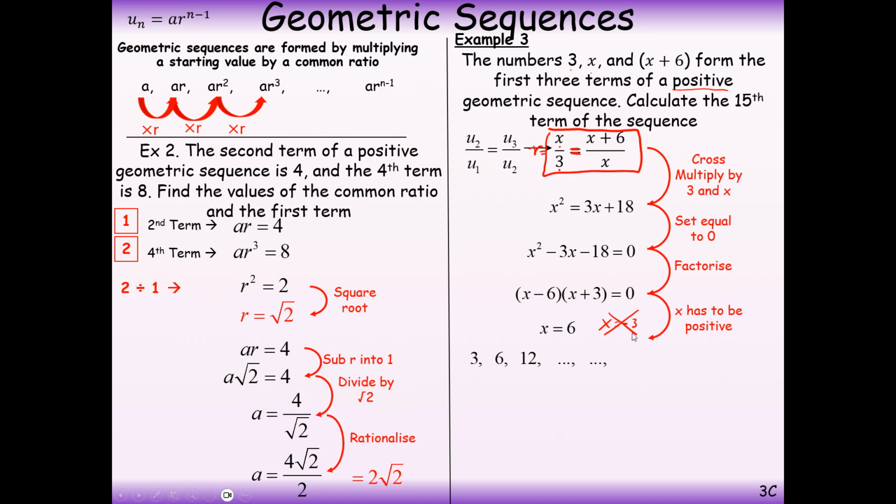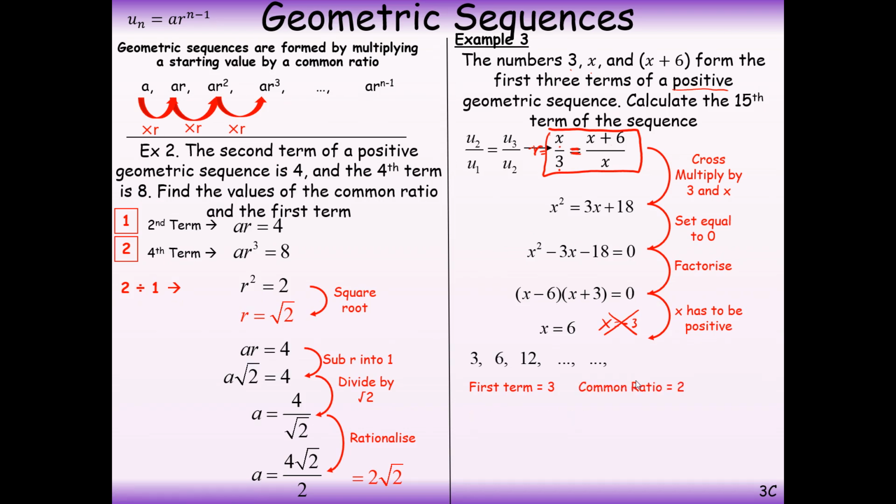Then we substitute the value of 6 into our sequence. So we have 3, 6, and 12, and so on. What's the common ratio now? The ratio will be 12 divided by 6 or 6 divided by 3. r will be 2 in our case.